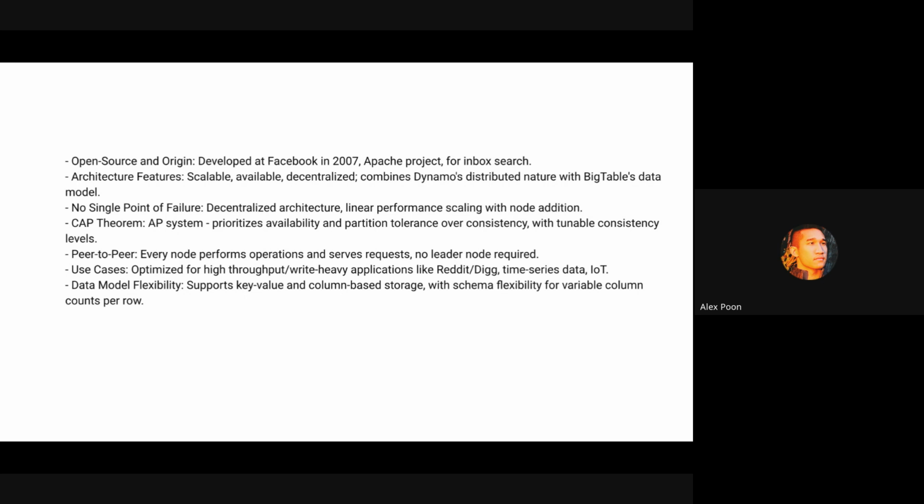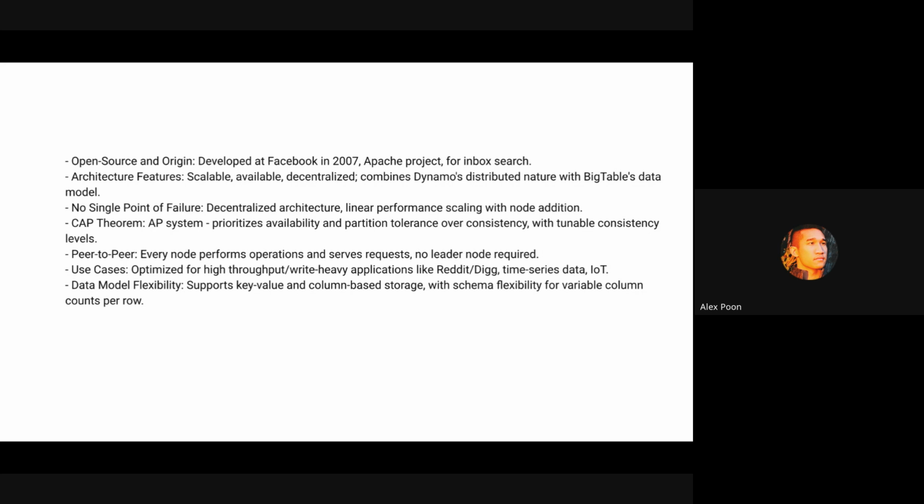So, what is Cassandra? It's a decentralized, scalable, highly available NoSQL database. It's classified as AP in the CAP theorem, meaning available and partition tolerant, which means that availability and partition tolerance are generally considered more important than consistency. Cassandra can be tuned with replication factor and consistency levels to meet strong consistency requirements, but this comes with a performance cost.